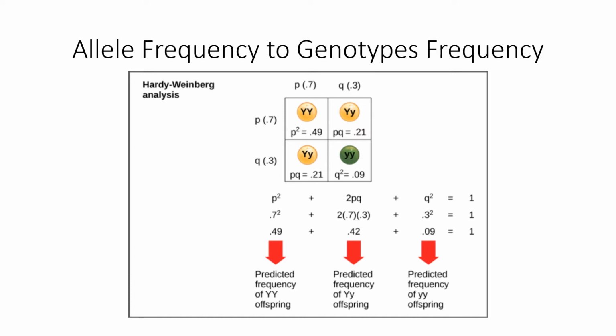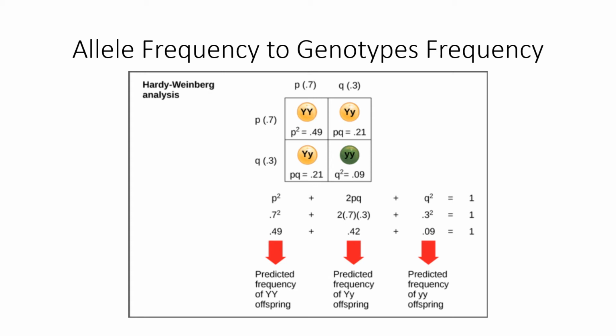We've got the allele frequency for each of the different alleles from the parents, P and Q, and we simply work out that P squared gives us a value of 0.49, which is 0.7 squared. The 2PQ is 2 multiplied by 0.7 multiplied by 0.3, which gives us 0.42. And then Q squared gives us 0.3 squared, which is 0.09, and that gives us each of the frequencies for the particular genotypes.